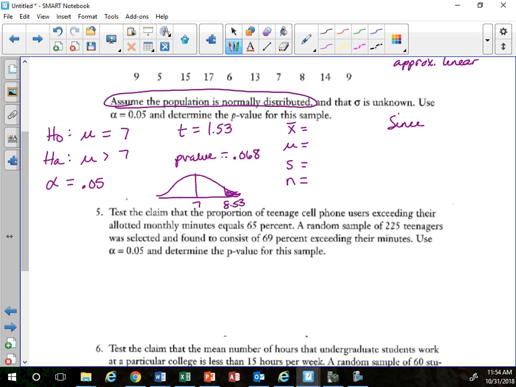Isn't that our X bar? 8.2, okay. Are we okay with understanding the labeling though? Pick one of those ways. Whichever one seems easier to you, you can do that.